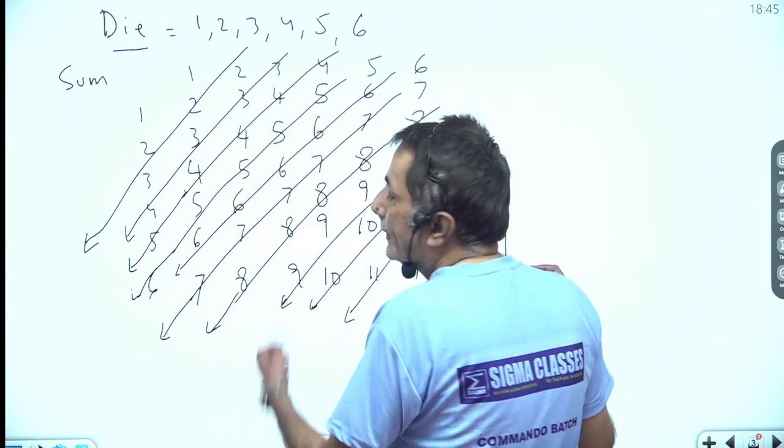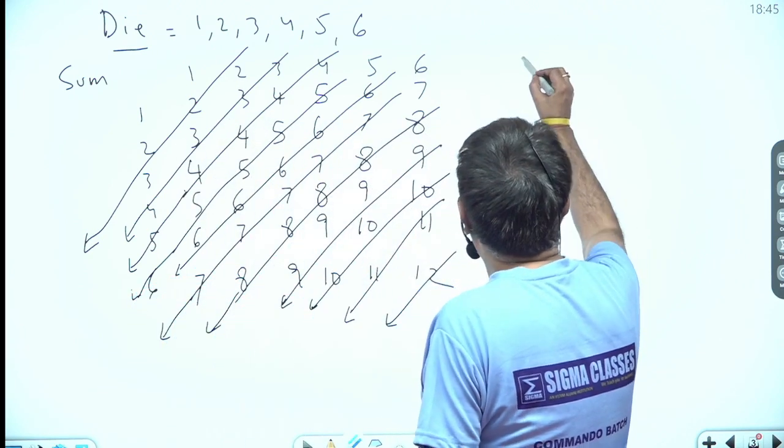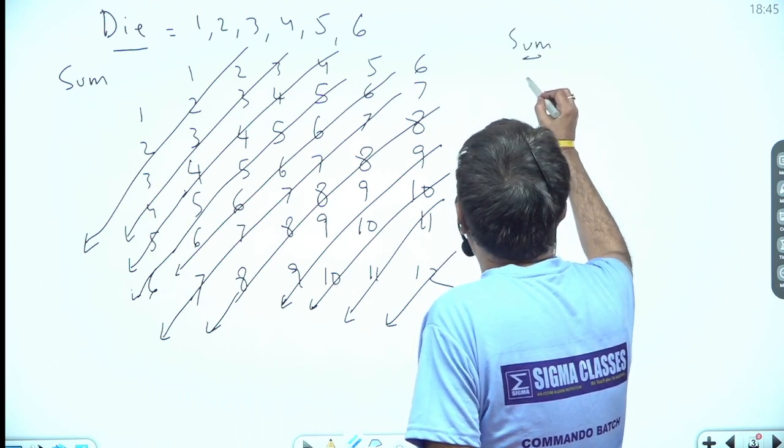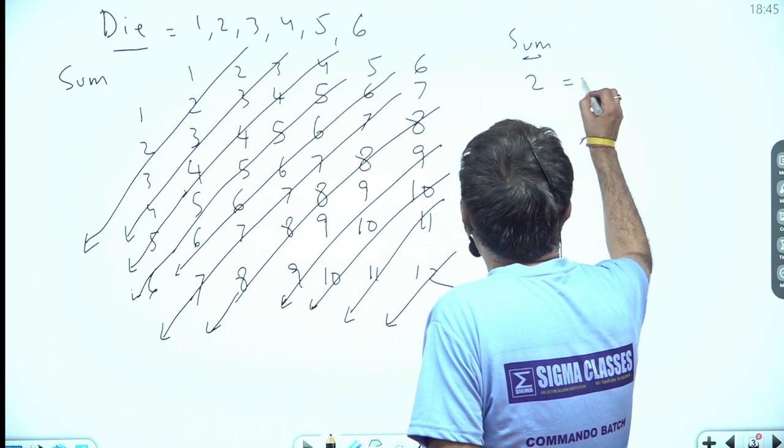So you clearly see the minimum sum of 2 dice, the total 2 comes once.